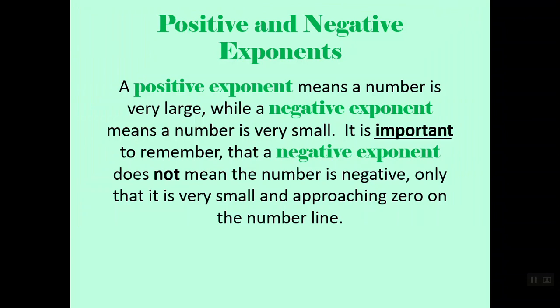The one thing I want you to remember, though, and it's really important, is that a negative exponent does not mean the number is negative. It merely means that that number is very small and is probably getting really close to zero, but is not going over zero into negative numbers. It just means that it is very, very small.